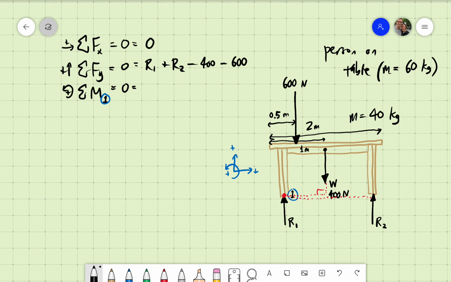Okay, now the sum of all moments, here we go. Maybe let's quickly do the ones we had before. We had the negative 400 times 1, and I am going to show the times 1. It just helps the brain. Force times distance. We had the positive R2 times 2. That didn't change. But now we also have a negative 600 times 0.5.